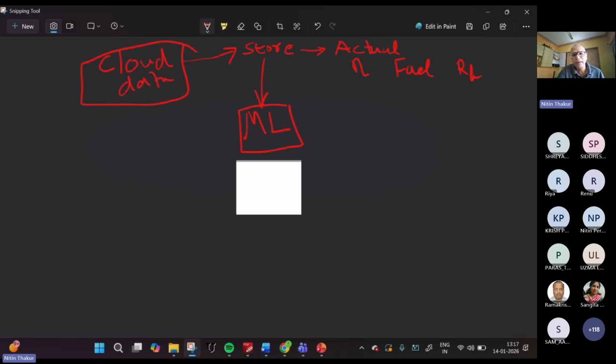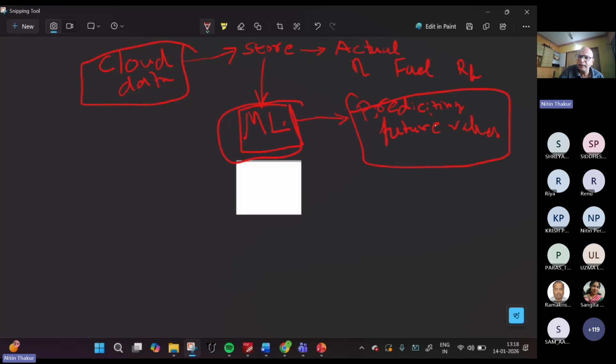What does this machine learning model do? It gives an equation for predicting the future values. And this is also on the cloud only. And there is another dashboard which does the job of the prediction.